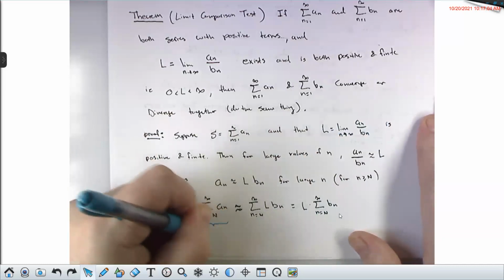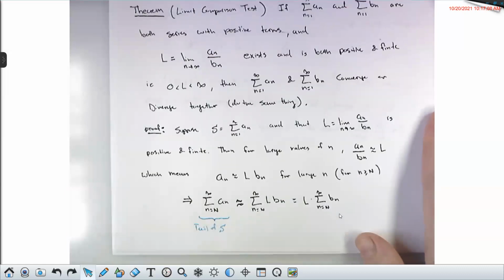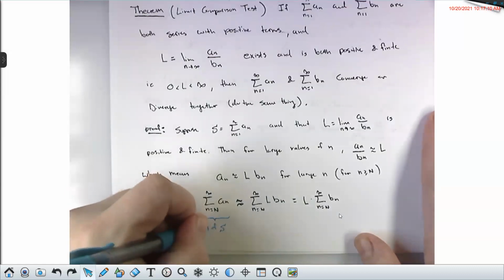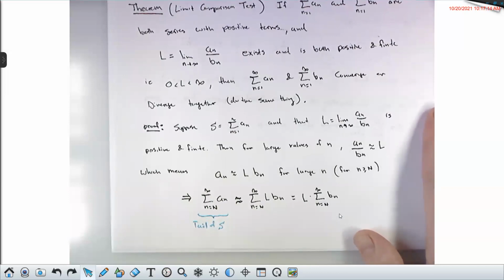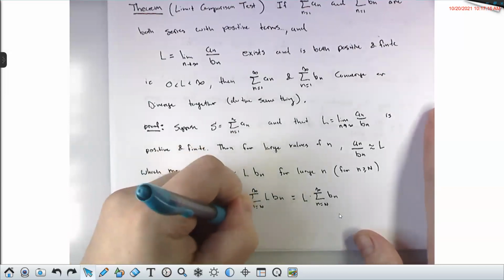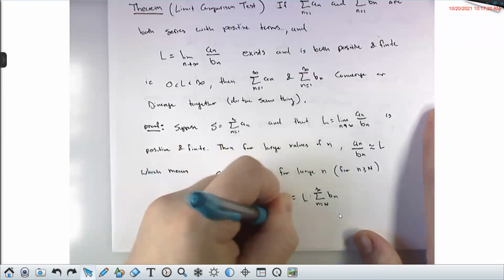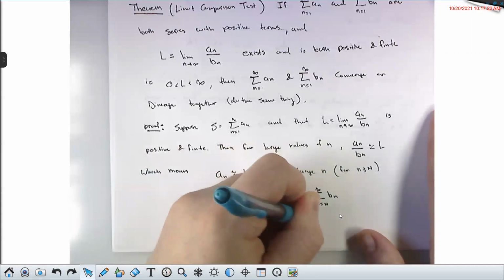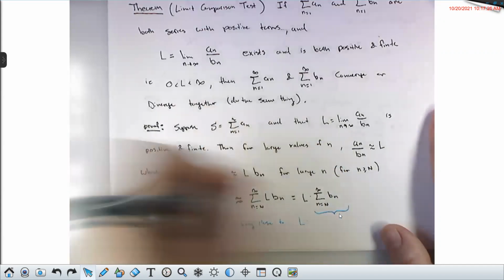This is the tail of S, right? The late part of the series, which is the part that determines whether the series converges, is very close to L times this piece, which is the tail of the series sigma bn.